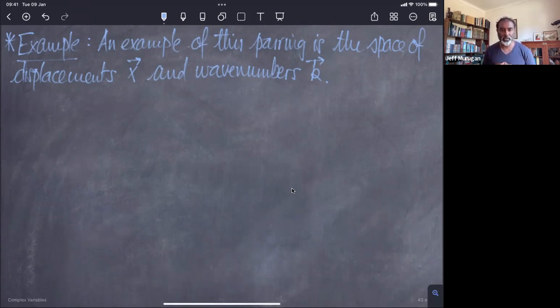They're different objects, right? They have different units even. We tend to measure X in, let's say, meters, so lengths, and wave numbers, K, are measured in inverse meters or inverse lengths. So it doesn't make sense to talk about, for example, the vector X plus the vector K.